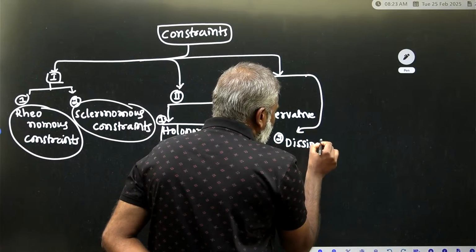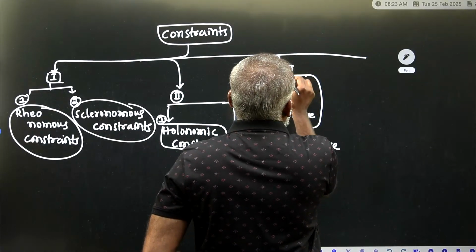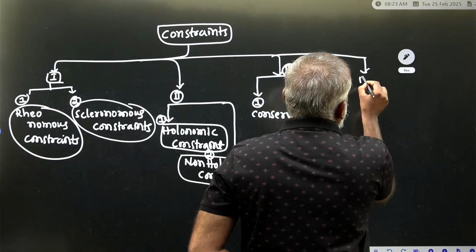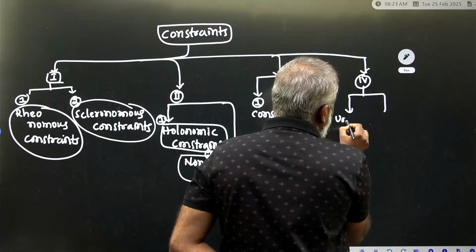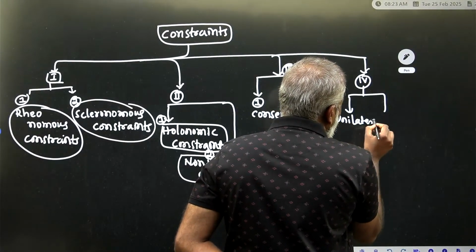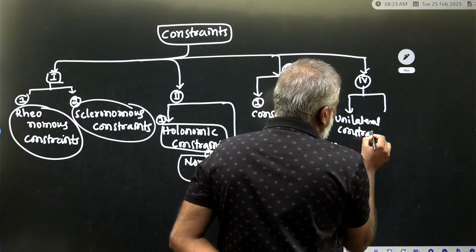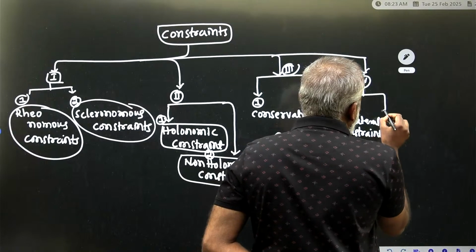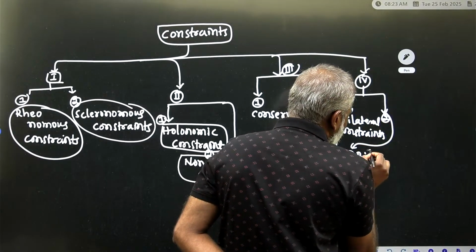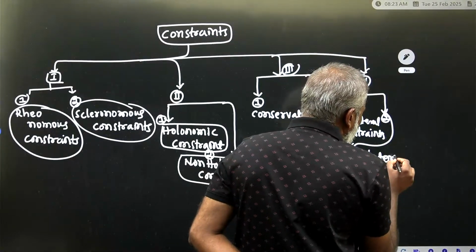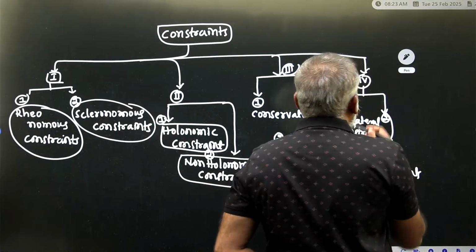The fourth variety is the unilateral constraint, and the second type is the bilateral constraint. Unilateral constraint and bilateral constraint.